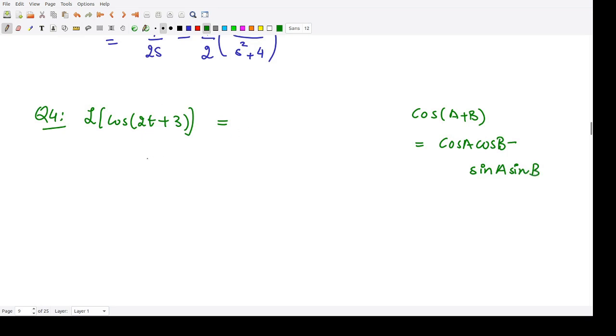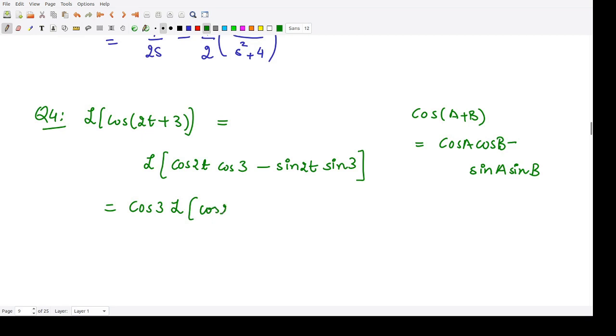So we have this equal to the Laplace transform of cos 2t into cos 3 minus sin 2t into sin 3. Now cos 3 and sin 3 are independent of t, so they are constants, and by the linearity property we can take cos 3 out, leaving the Laplace transform of cos 2t, and then we can take minus sin 3 outside this transform, leaving sin 2t.